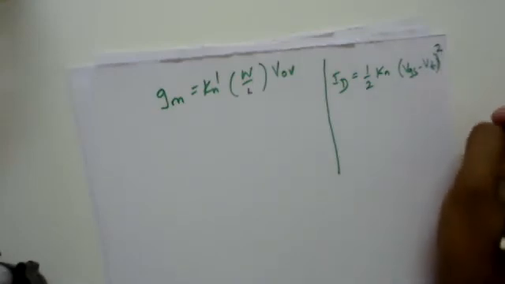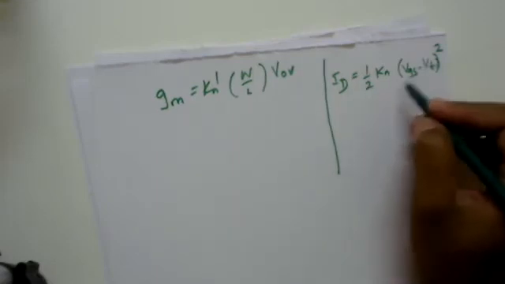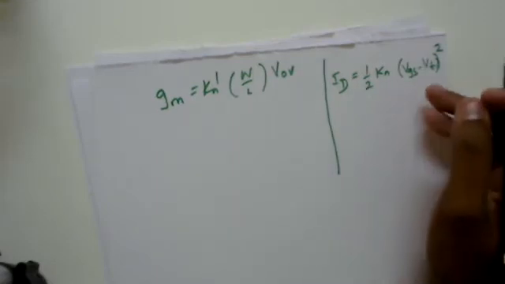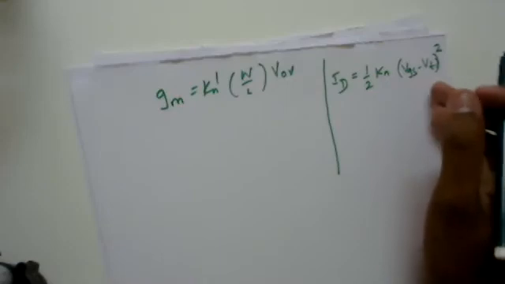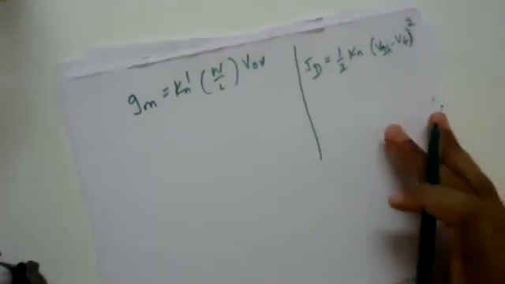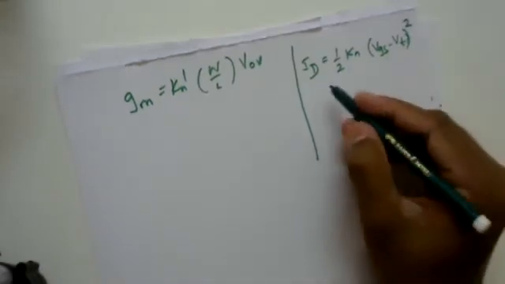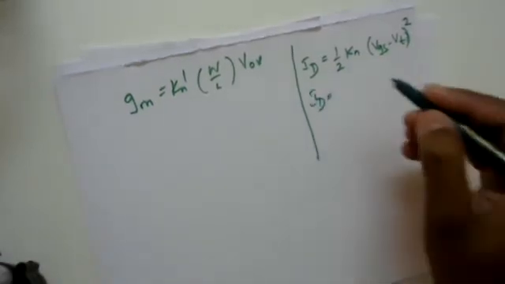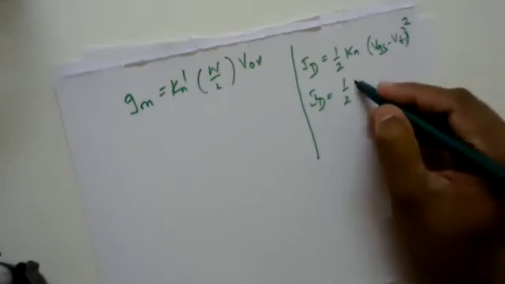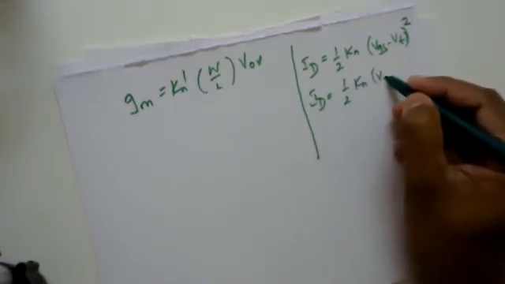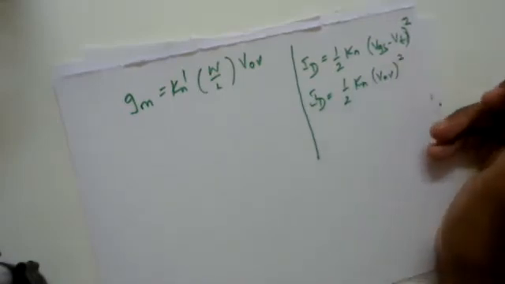Yes or no? This is the expression for your ID. Then from this expression, if I substitute this VGS minus VT as VOV, I can write ID is equal to 1 by 2 times Kn into VOV whole square.